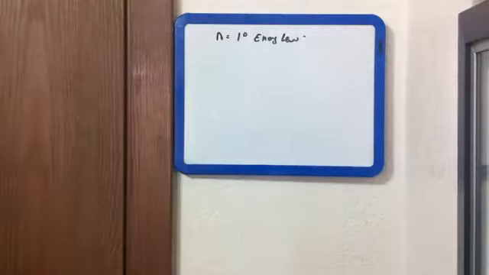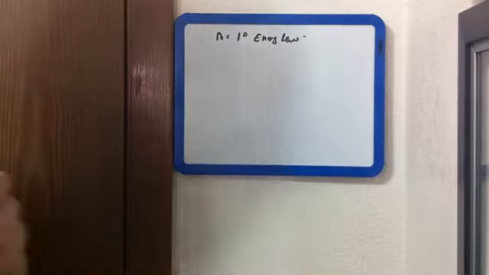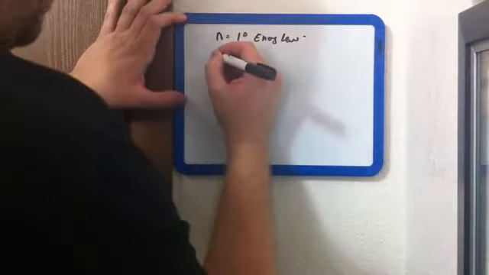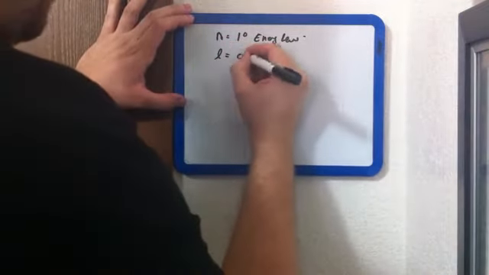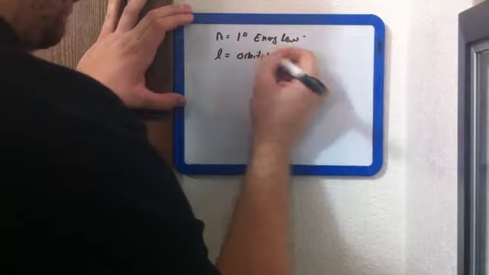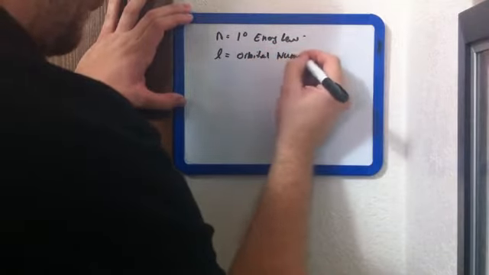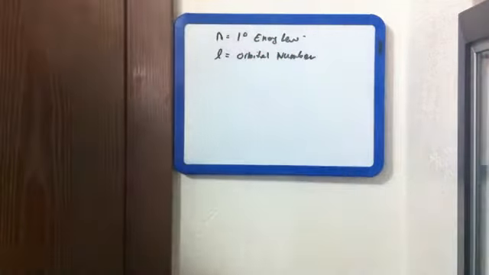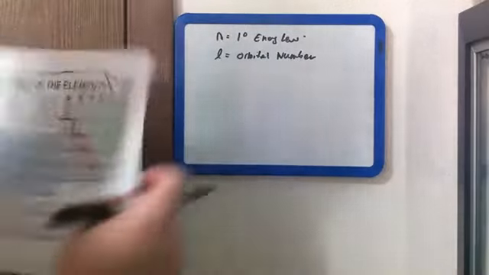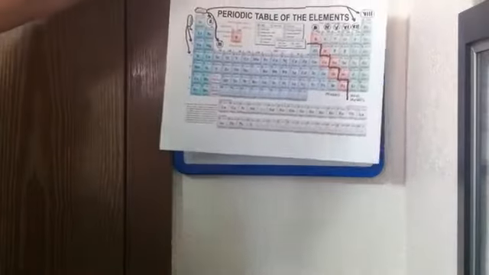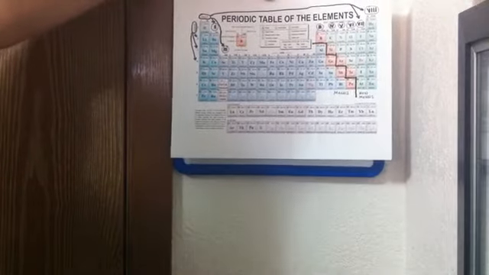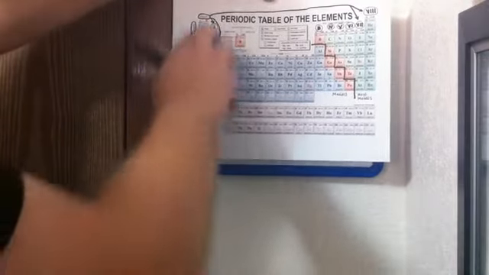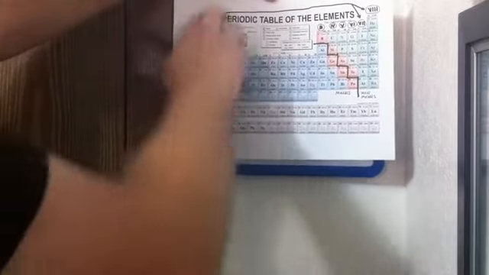All right. And then I have the next number, L. And that's your orbital. If you were to look at the periodic table of elements again, you know that there are different orbitals or different blocks. Over here, in these two groups, you have your s orbitals.